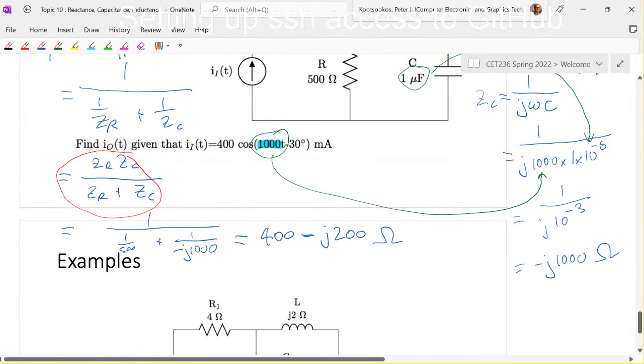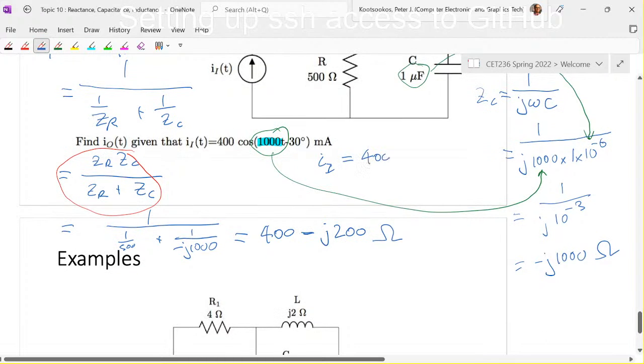Now we haven't figured out what II of t is in, so it's 400 angle minus 30 milliamps, or 0.4 angle minus 30 degrees amps.